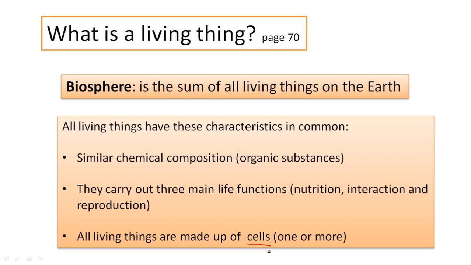They can be made up of one cell, and then we call them unicellular, or more cells, and they are called multicellular. So the cell is the basic unit of life. Something smaller and simpler than a cell cannot be considered a living thing. Okay, so it's the basic unit.